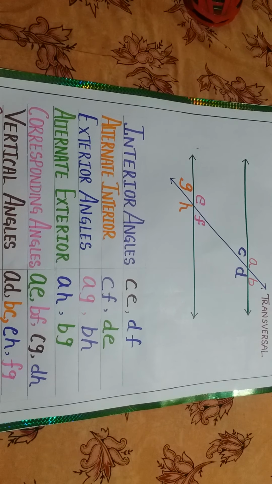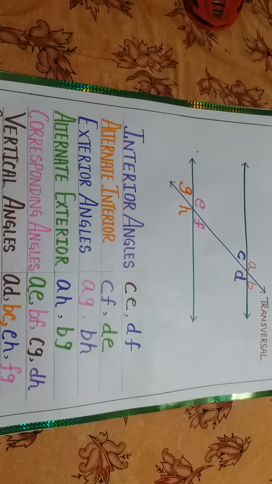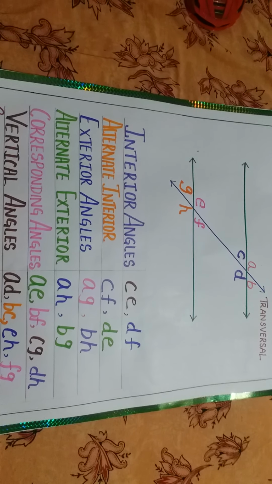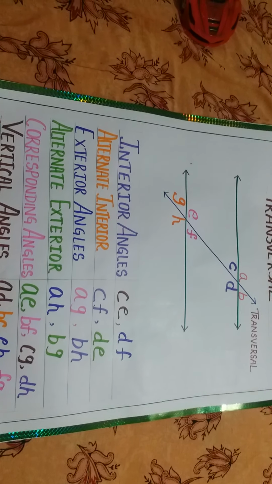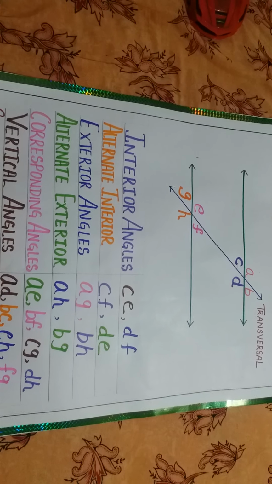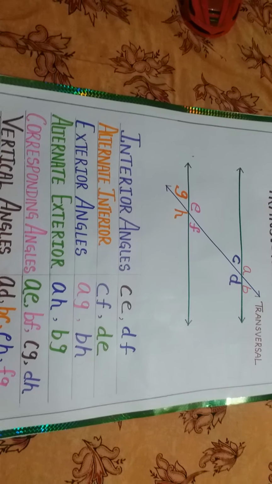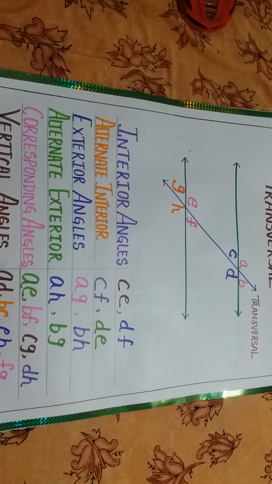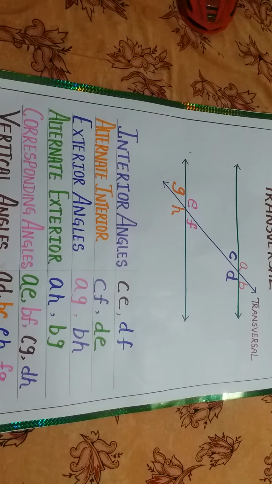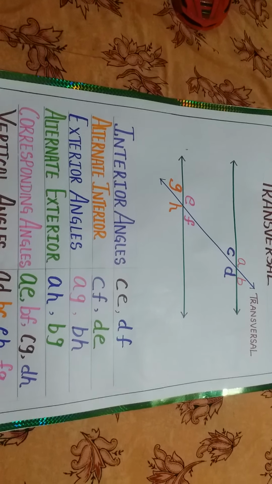Next, corresponding angles: on the same side of the transversal, we check the top left of one parallel line and the top left of the second parallel line. So the corresponding angles are AE, BF, CG and DH.